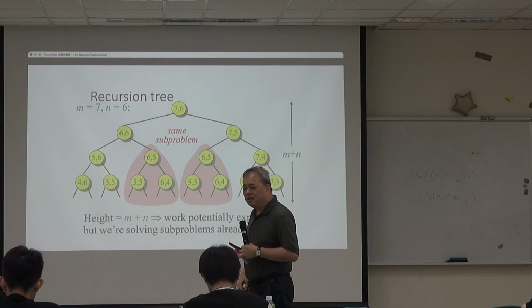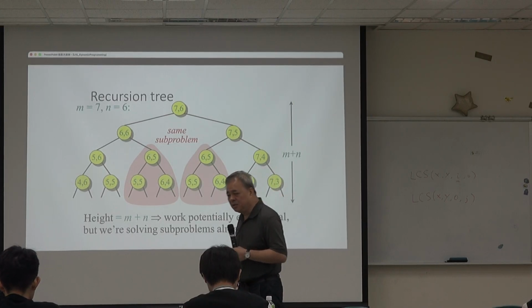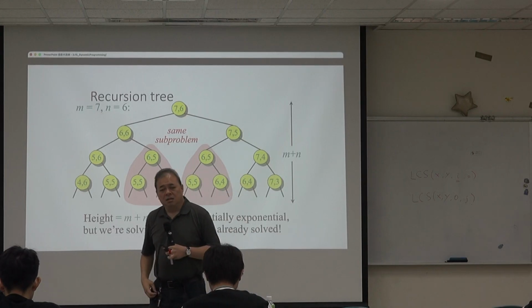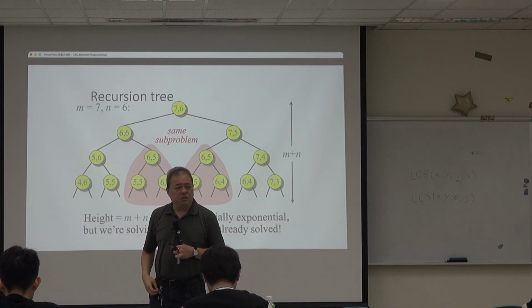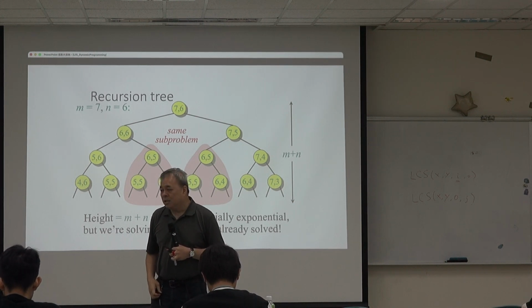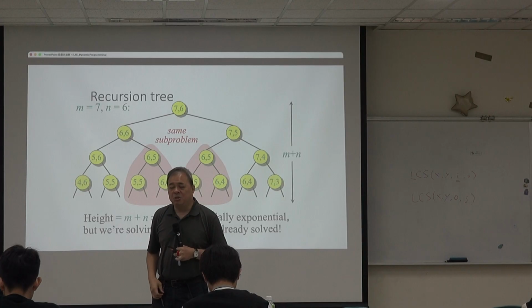So an easy idea would be, hey, if you have computed this value already, don't do it again, right? If you have computed the answer already, don't do it again.